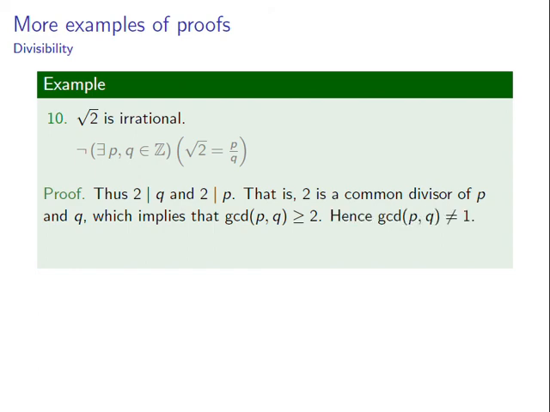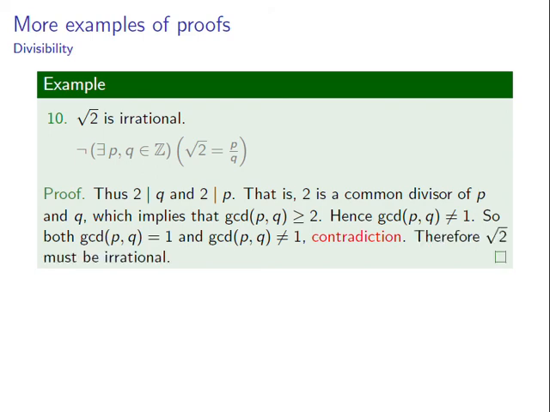Hence, the GCD of P and Q is not equal to 1. But we assumed that P over Q is in lowest terms. Thus, we have that the GCD of P and Q is both equal to 1 and not equal to 1, a contradiction. Therefore, the square root of 2 is irrational.